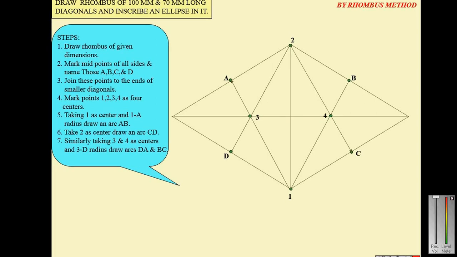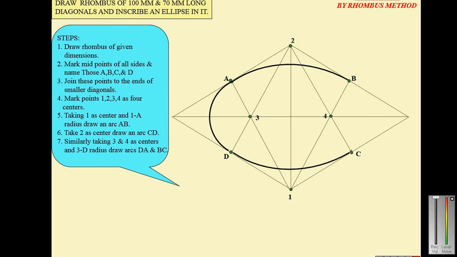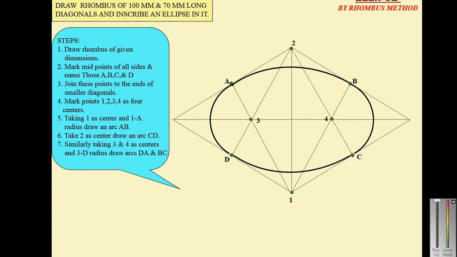Point 3 is the intersecting point of 1A and 2D. Point 4 is the intersecting point of 2C and 1B. So you will get the top portion and bottom portion of the ellipse, similarly the left portion and the right portion of the ellipse. So this is the ellipse by using the rhombus method.